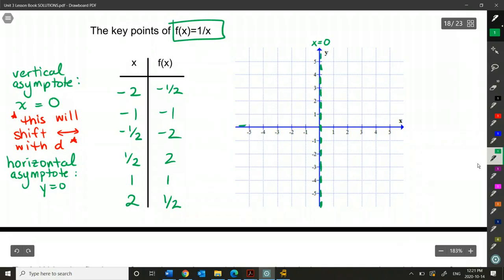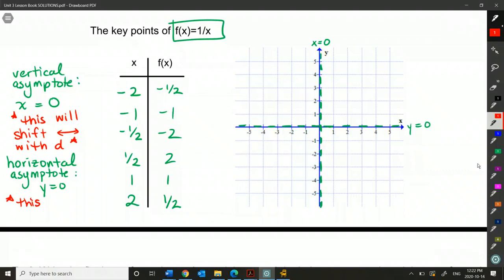Okay, so we're going to indicate that here. That's actually along the x-axis. And we're going to label it with its equation, which is y equals 0. So this guy is going to shift up and down with the c value. So as the c value moves up or down, this asymptote will move that many units as well.